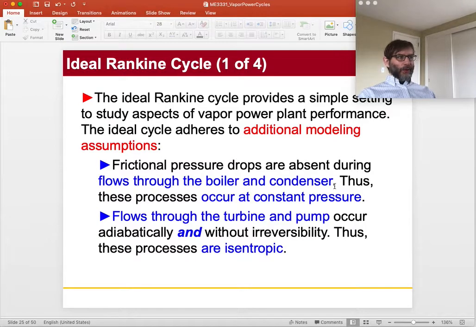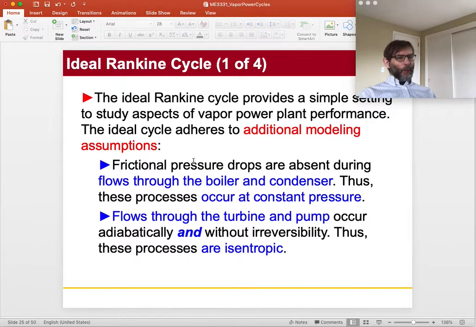The ideal Rankine cycle provides a simple scenario to study the aspects of vapor power plant performance. The ideal cycle adheres to certain assumptions: the frictional pressure drops are absent during flows through the boiler and condenser. The processes occur at constant pressure, so there's no pressure drop through the heat exchanger.